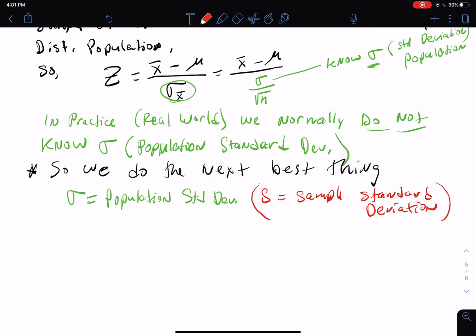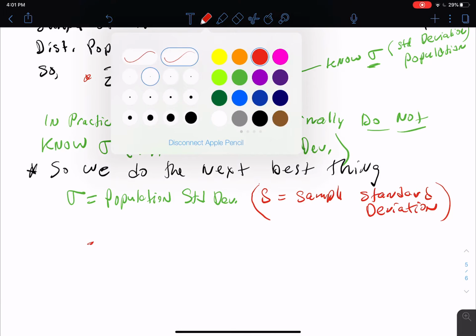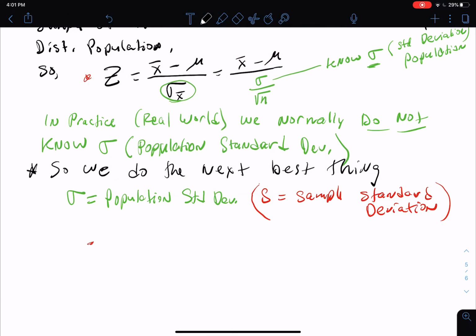Okay, so this formula up here takes a little turn, and you can see there's some parts that we don't know now. We still know x bar, the sample mean, minus mu, which is actually going to be the mean of the sample means, but it turns out, by using the central limit theorem, it's just the population mean.